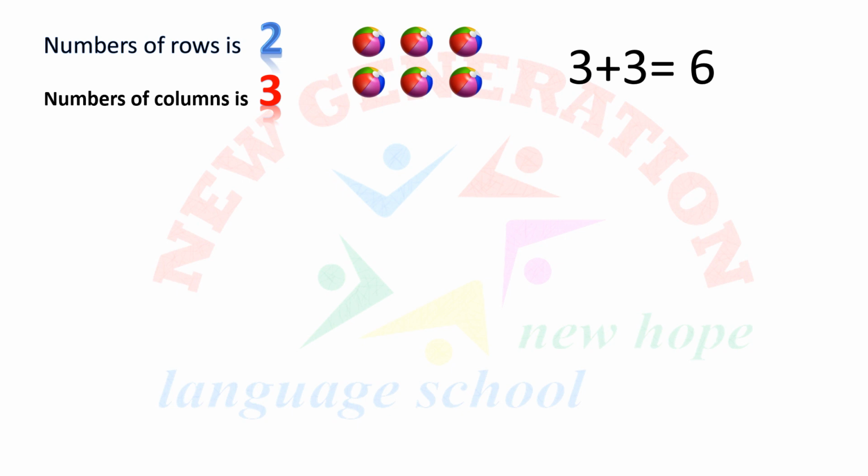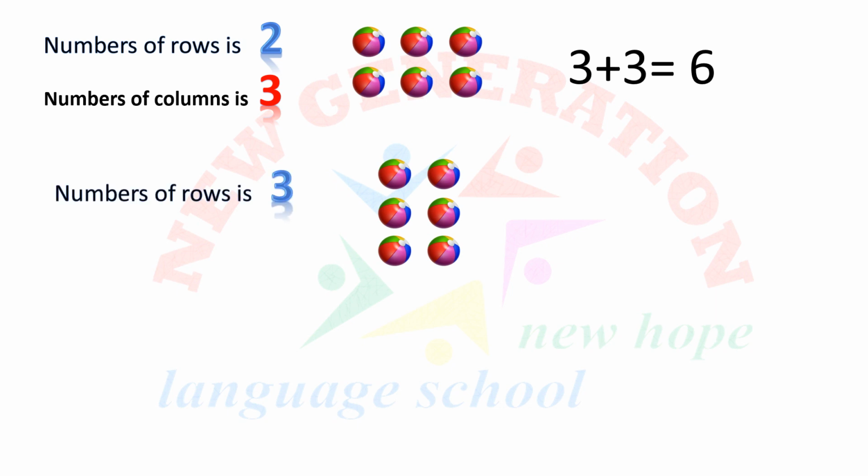But what if I make an array and switch the number of columns with the number of rows and vice versa? So the number of rows will be 3 and the number of columns will be 2.